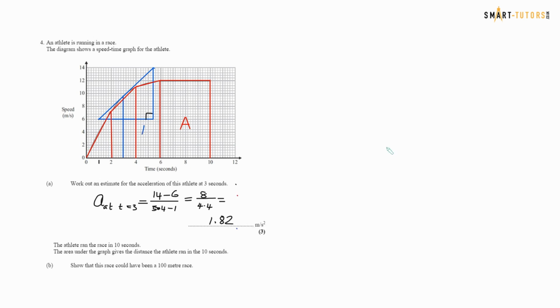This is A, this is B, this is C, and this is D. So area of A is a rectangle, which is 6 to 10 is 4, and the height is 12, so it's easy, 48 meters.